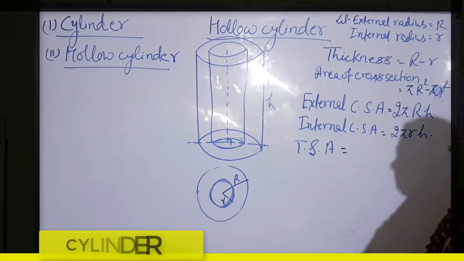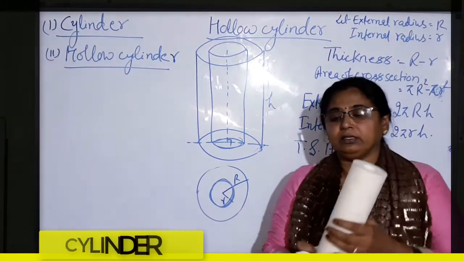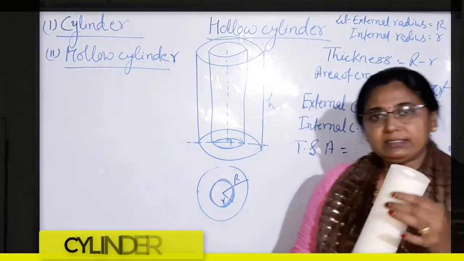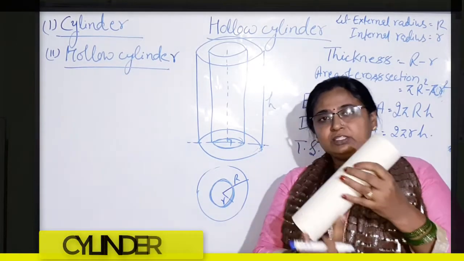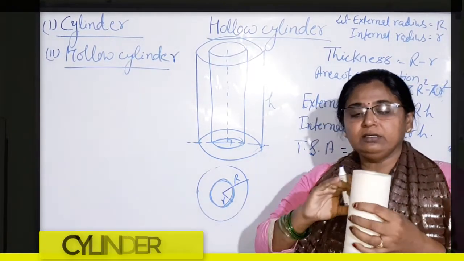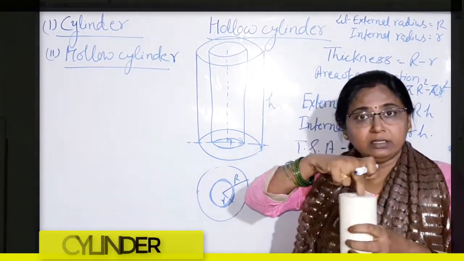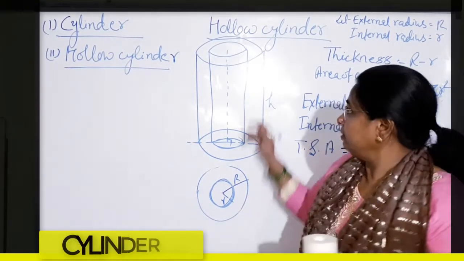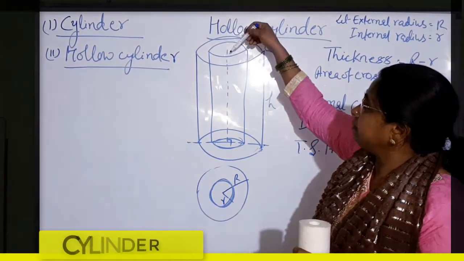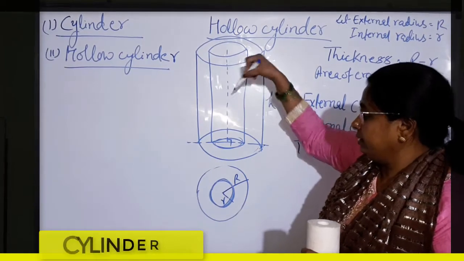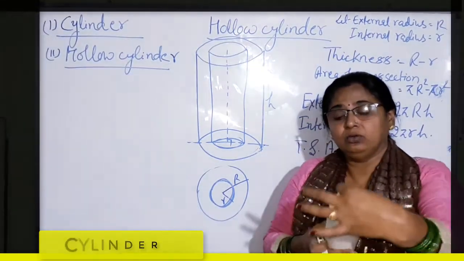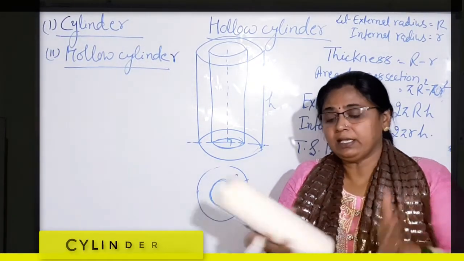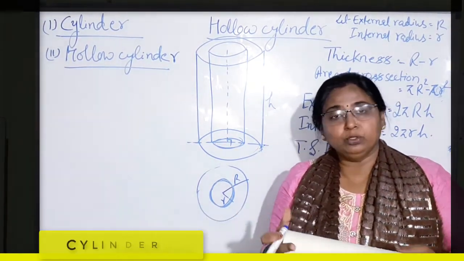Now the total surface area. You can imagine the total surface area is the whole external curved surface area, plus the internal curved surface area, the whole area inside this cylinder, plus the thickness area in base and top, both sides.